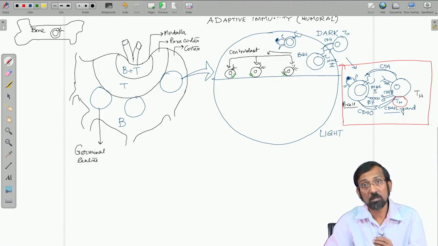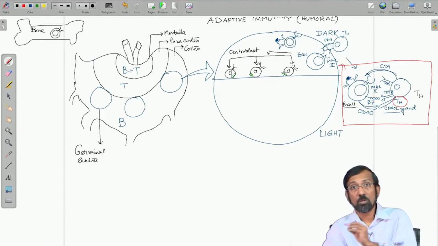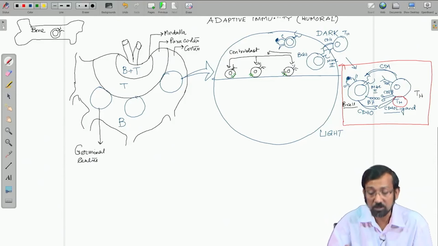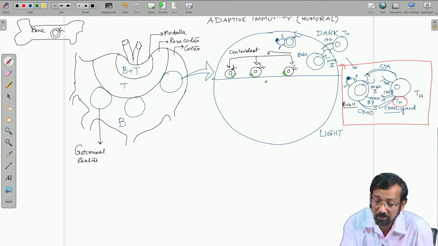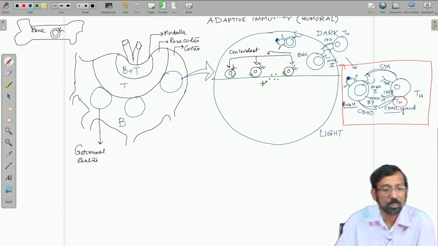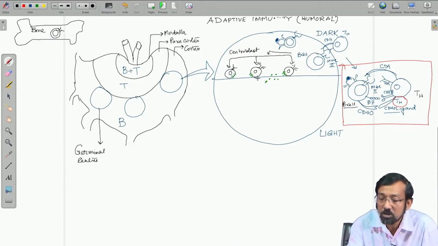So, they attract the cells from one site to another site. It is kind of a magnet to iron interaction. The chemokines are secreted from the light zone. So, now these cells which started to express the chemokine receptors bind to these chemokines and they migrate to the light zone.